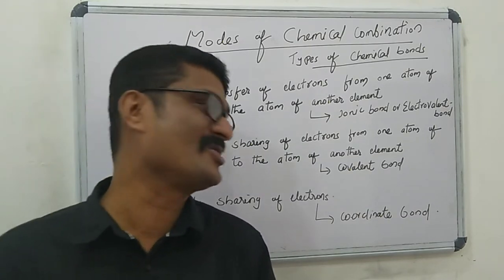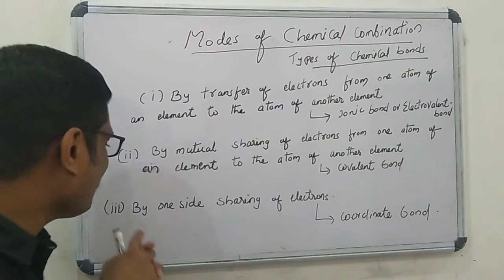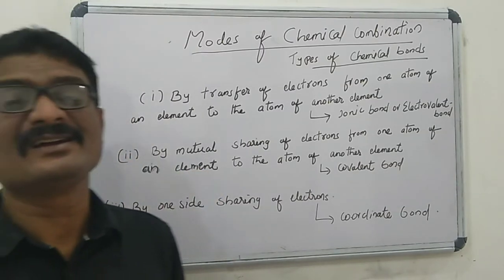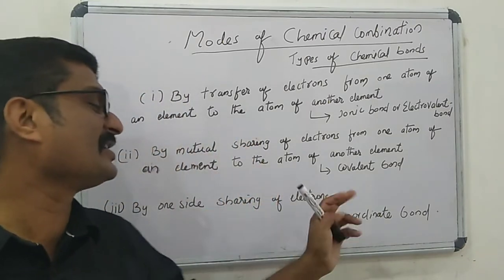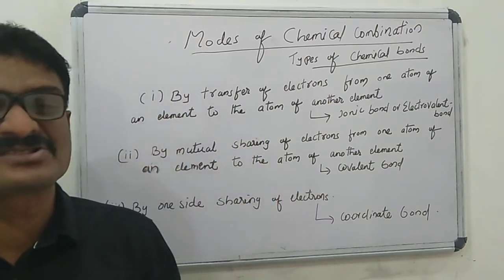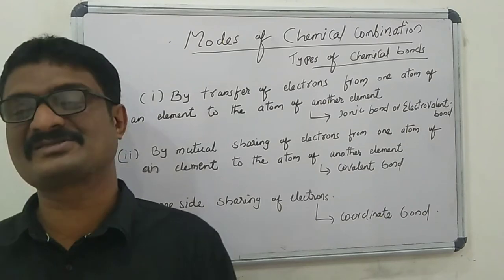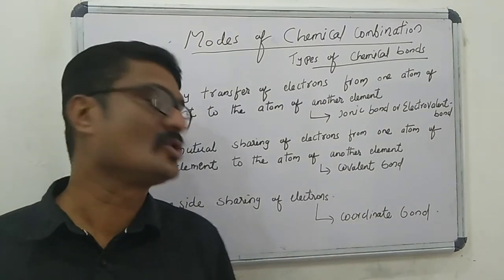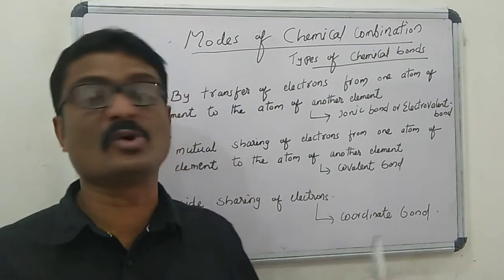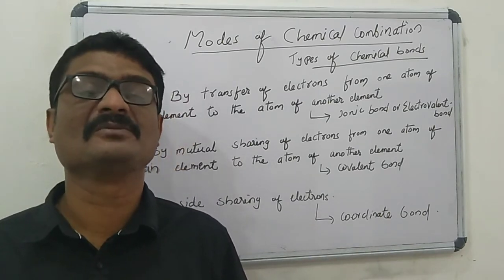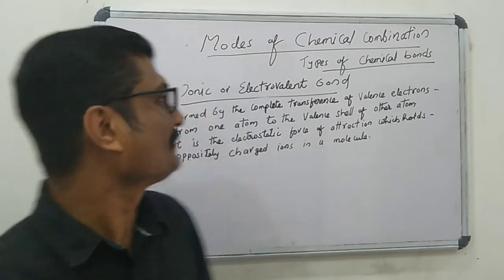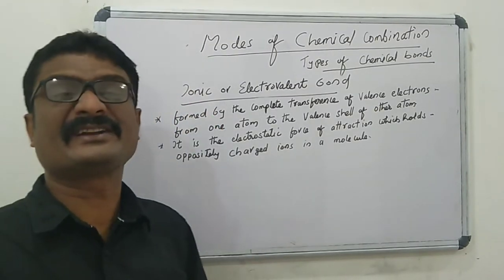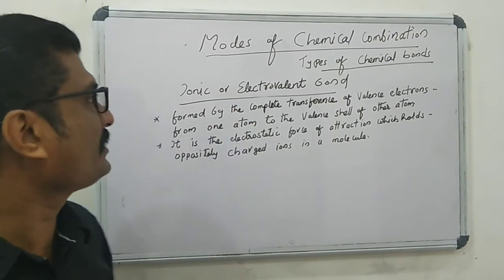And the third type of chemical bond is formed by one-sided sharing of electrons. This bond is called coordinate bond. Okay friends, then let us study the first type of chemical bond, that is the ionic or electrovalent bond.